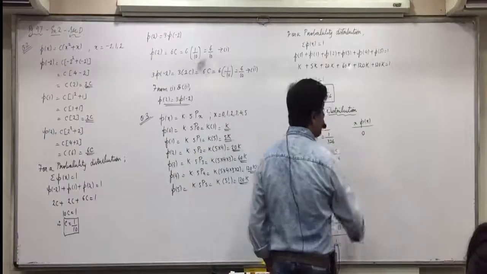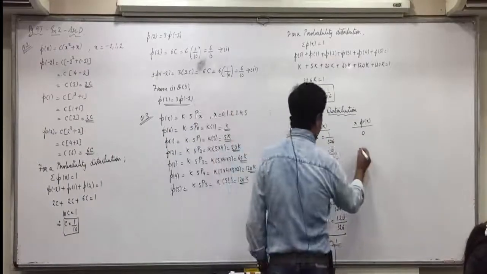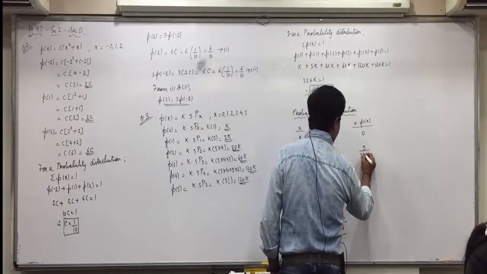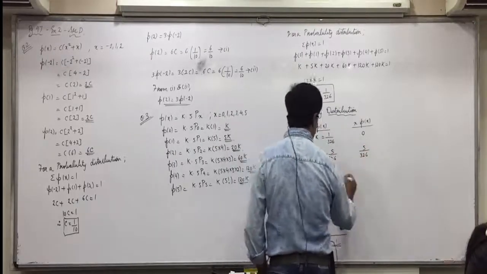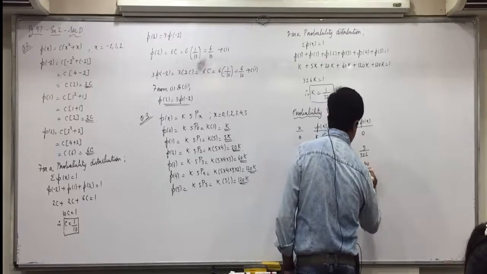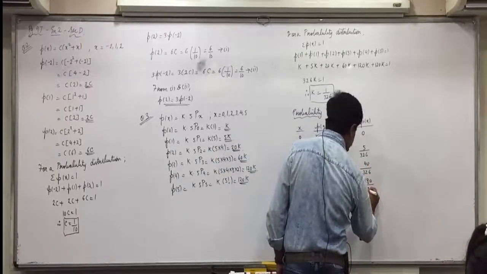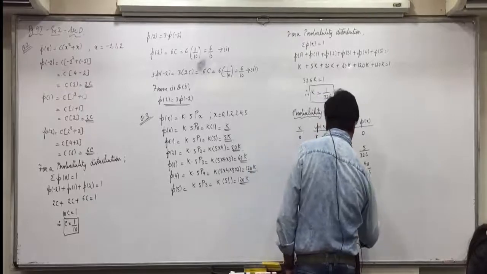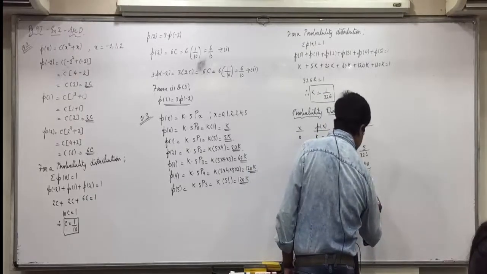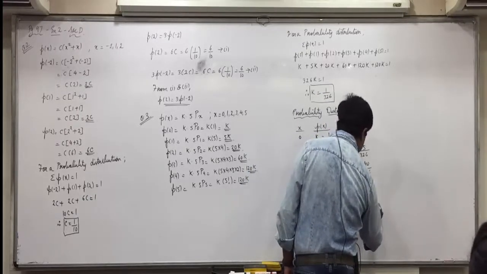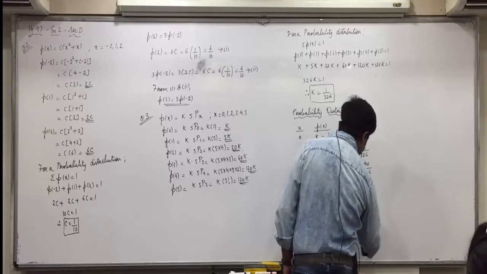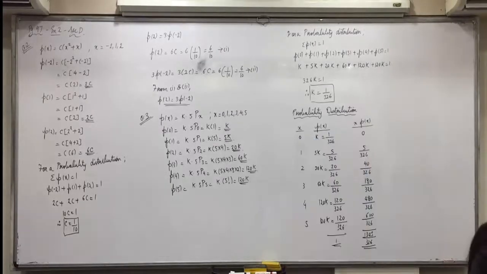0 into 1 by 326, 0. 1 into 5, 5 by 326. 2 into 20, 40. 3 into 60, 180. 4 into 120, 480. 5 into 120, 600. Okay, 1305 by 326.